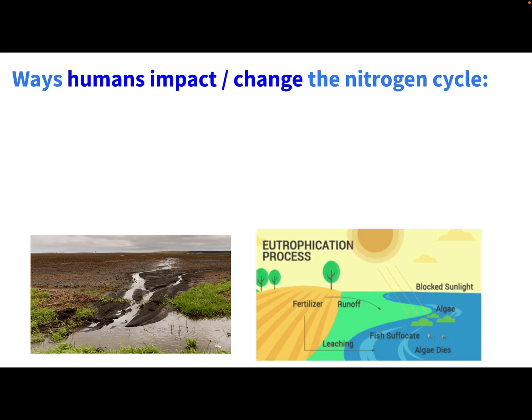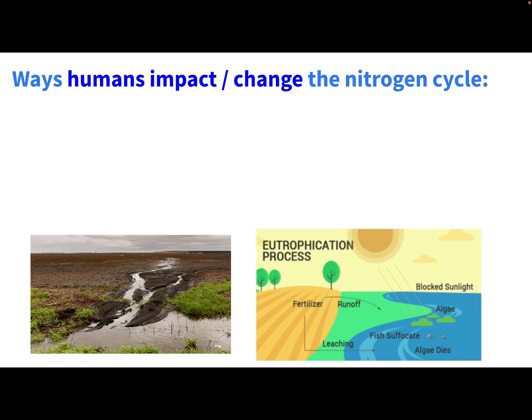Okay, so if we have just a little bit too much fertilizer that's being put on our crops or put in your backyard or put on your plants or your herbs or whatever, if there's just a little bit too much, that nitrogen runs off, right? Gets caught in that runoff from rain or maybe a flood or whatever.